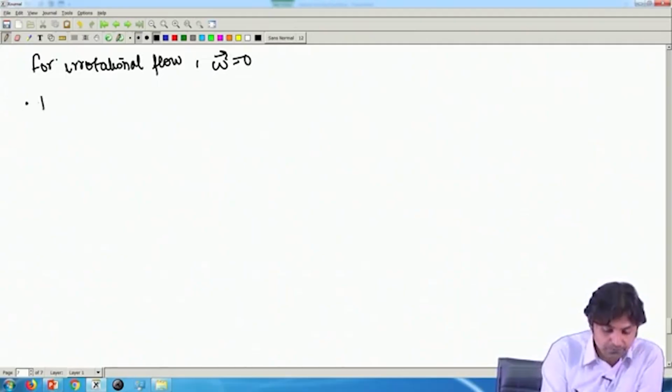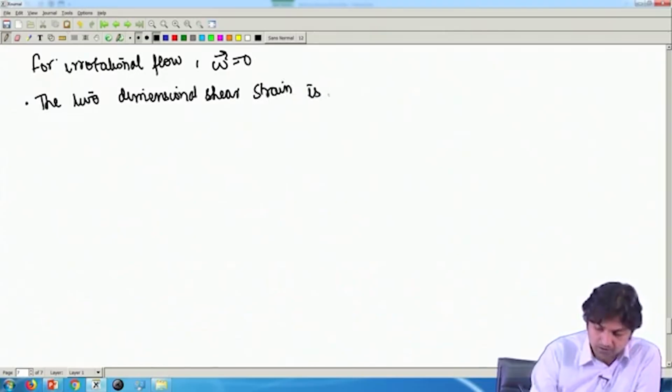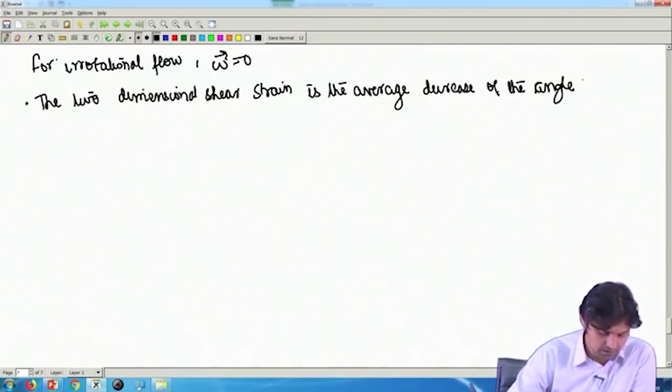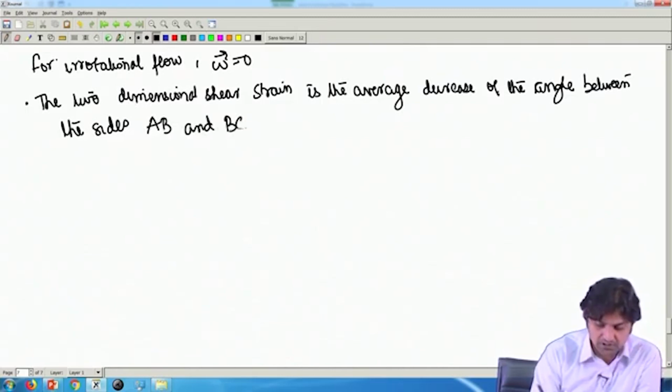Now, the two dimensional shear strain is the average decrease of the angle between the sides AB and BC in this figure.